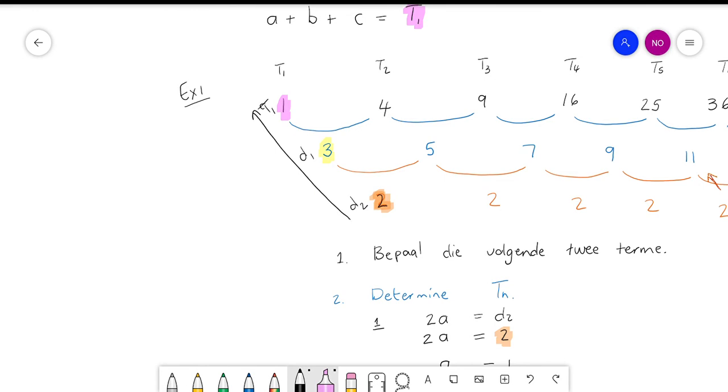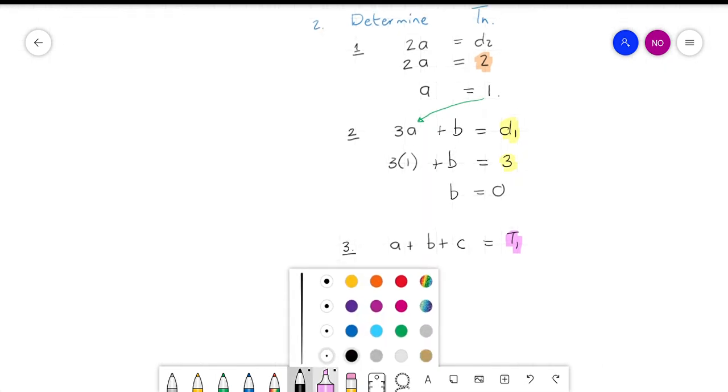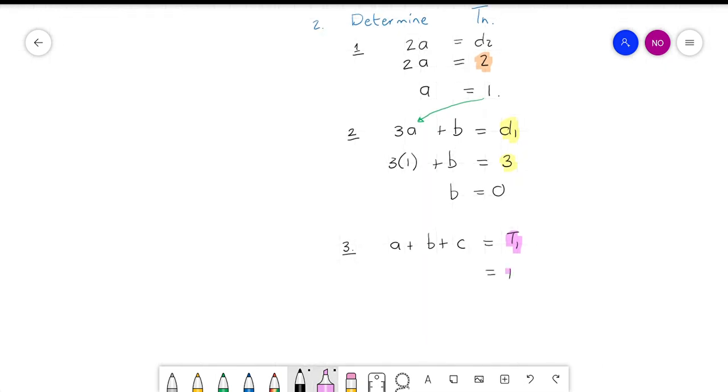So. Okay, so A plus B plus C is gelyk aan 1. What's the value of A? We already calculated that. 1. What's the value of B? 0. What's the value of C then? It's 0. Nee? Stem julle saam as jy hom gaan oplos.